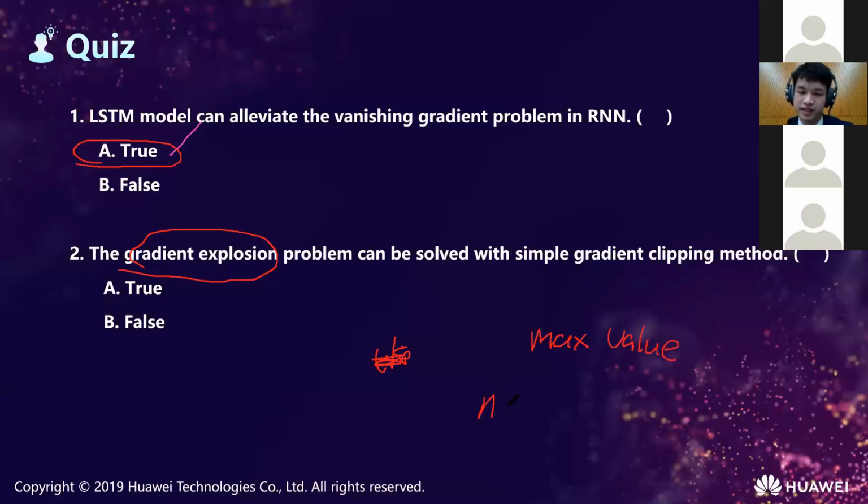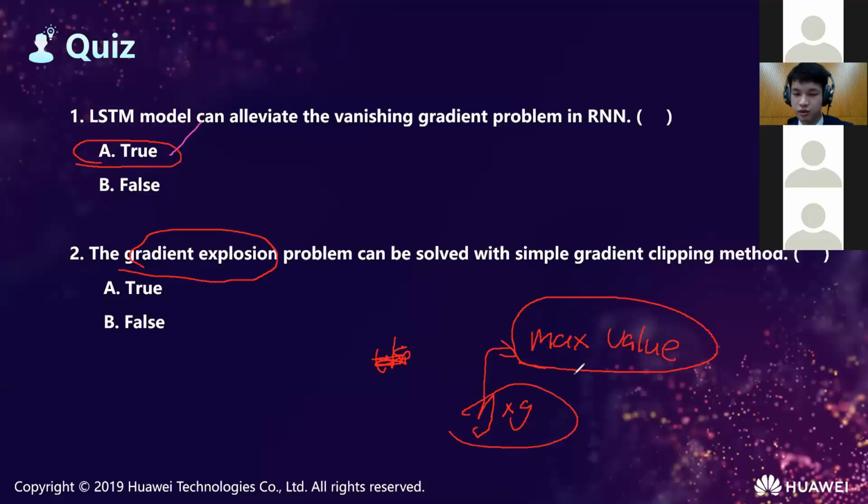So it's the learning rate multiplied by the gradient. If it is too big, we change this value into the threshold value, which is called the gradient clipping method. And then we can solve the gradient explosion problem. That is true. Okay. With this simple method, we just fix the max value of the gradient and we can solve the gradient explosion problem.